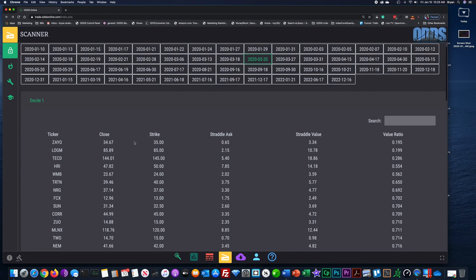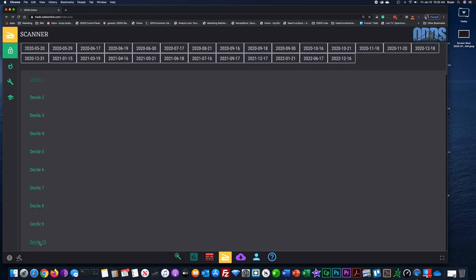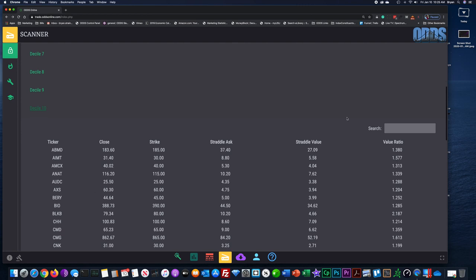If you're selling, you want to get the most amount of money for your options. And so I know where I'm going to get the best deal is in decile 10. Right there. And that's how Odds Online can quickly and easily improve your option trading like no other.